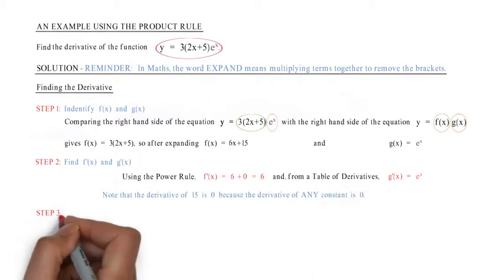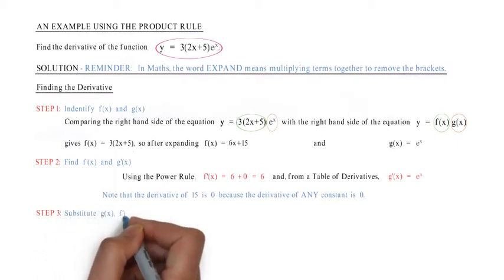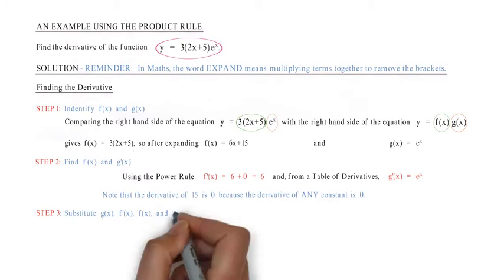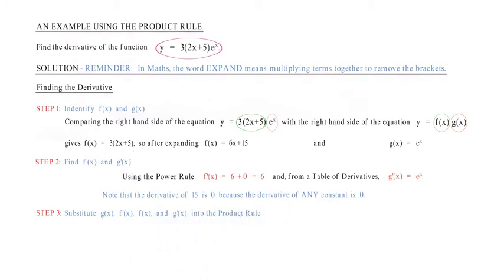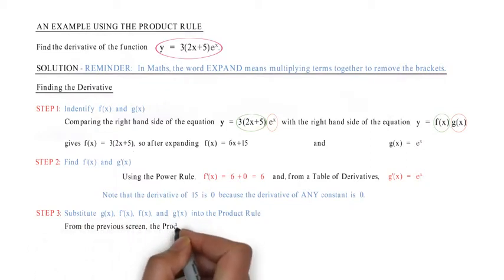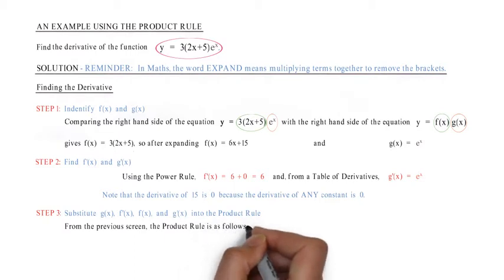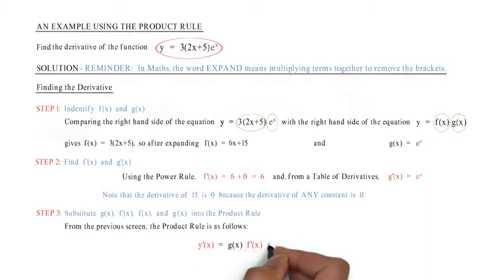Step 3. Substitute g(x), f'(x), f(x) and g'(x) into the product rule. From the previous screen, the product rule is as follows. y'(x) equals g(x) times f'(x) plus f(x) times g'(x).